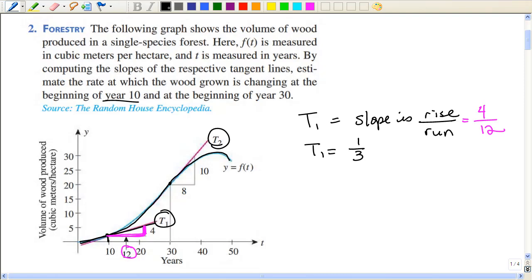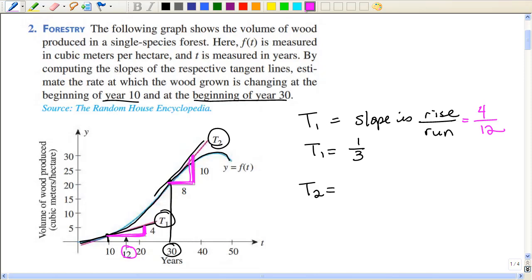Now we should expect the slope of the second tangent line to be bigger than 1/3 because it is a lot steeper. So that's where they're asking us to look at the average change, or the slope, at year 30. And again, they've put a dot at year 30, drawn a tangent line, and done this triangle thing, rise over run.